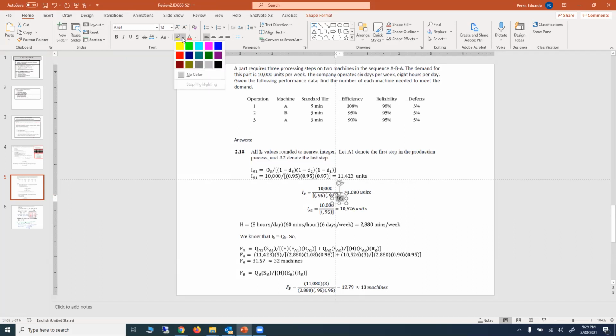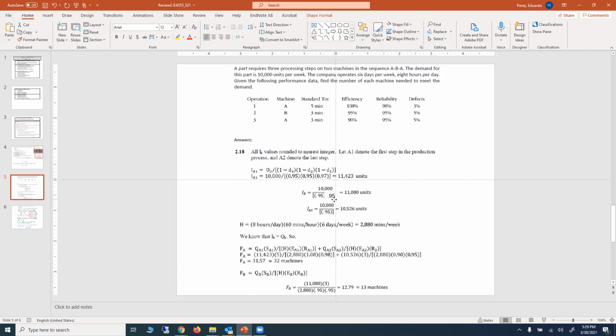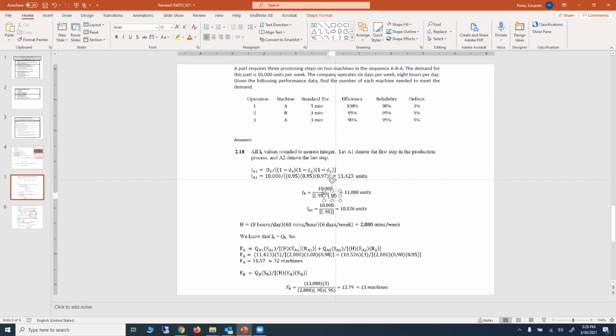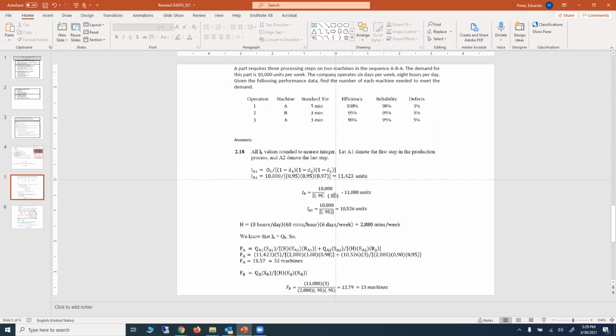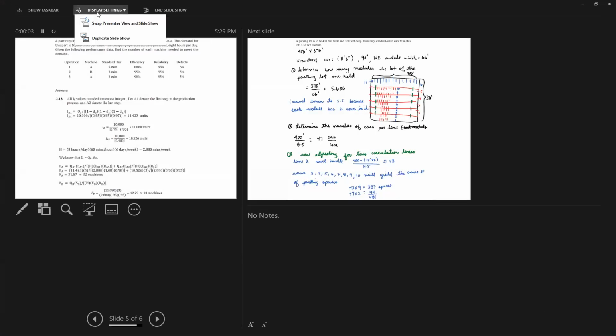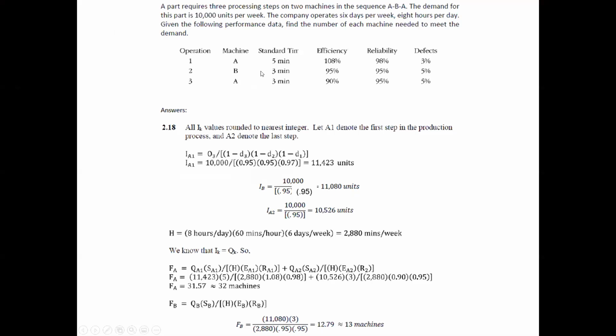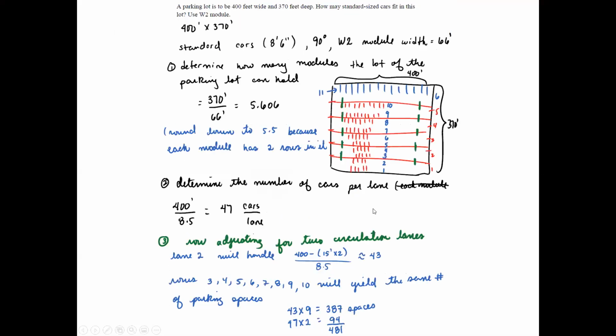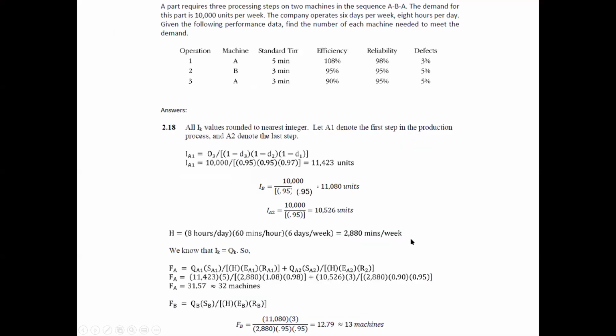So this should be, let me fill this. You see what I'm doing here, right? 0.95 times 0.95, and then that will be 11,080 units.